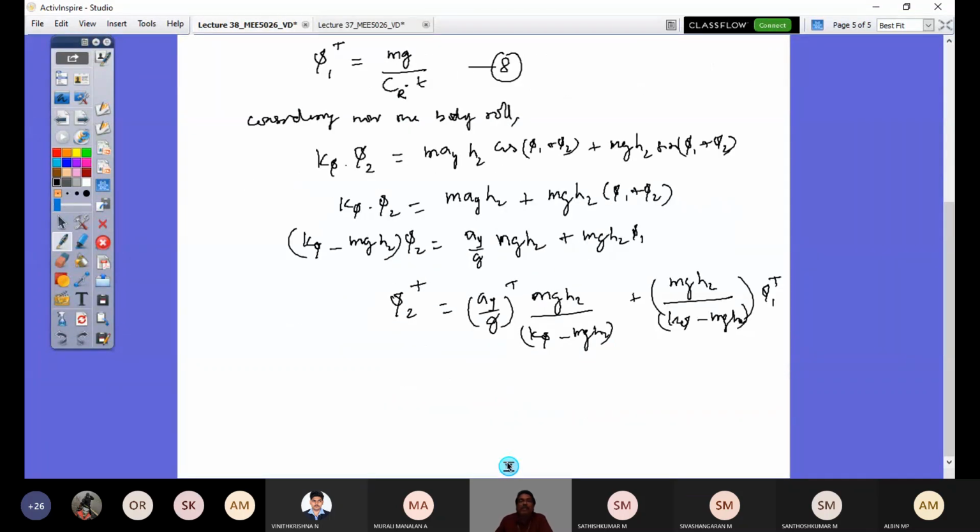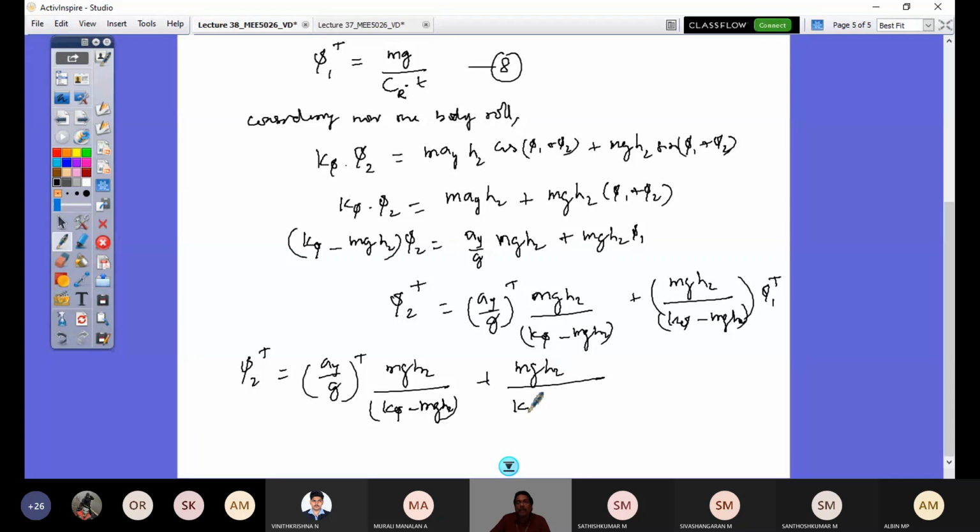So phi 1 t is already there, mg by CR into t. If I substitute that again further here, phi 2 t will be ay by g into mg h2 by k phi minus mg h2 plus mg h2 by k phi minus mg h2 into mg by CR t.